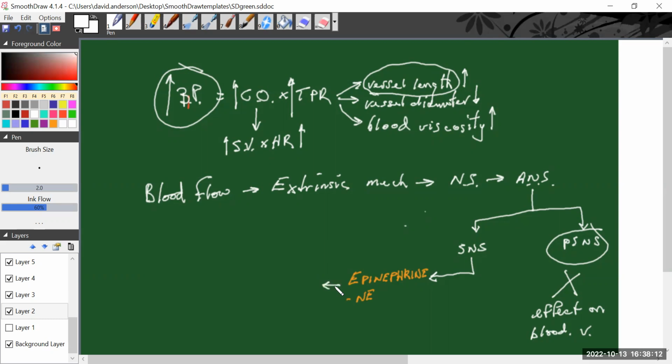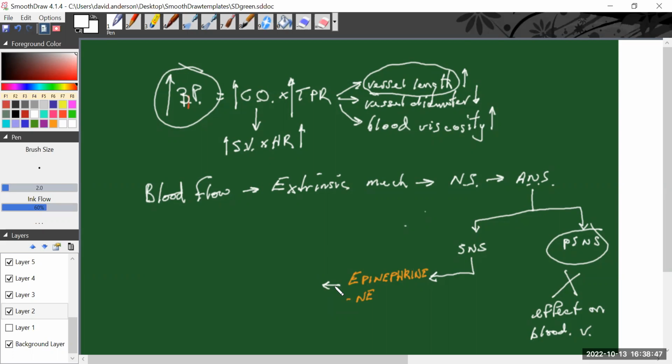So what's our neurotransmitter used by the sympathetic division to target its effectors? Epinephrine, or norepinephrine. That's right, norepinephrine. Those are often used interchangeably. Certain receptors respond more directly to one or the other, but basically we talk about them interchangeably. So we'll include both of them in our conversation here.